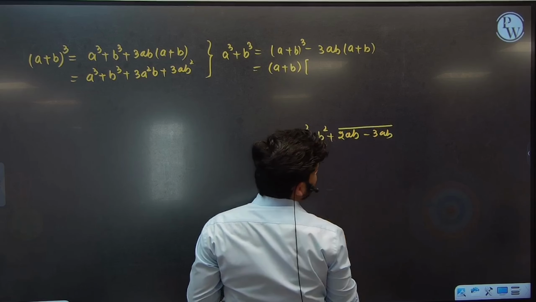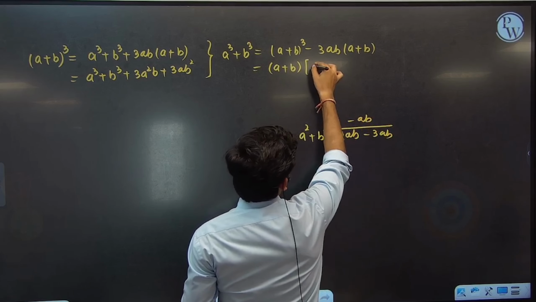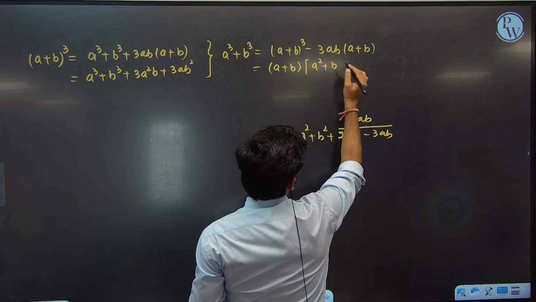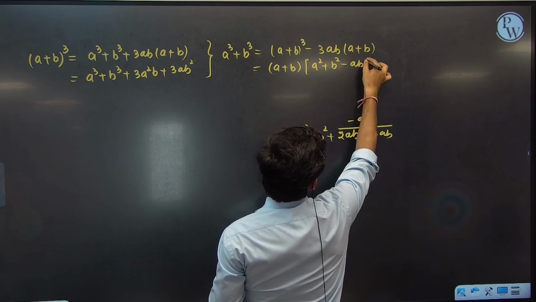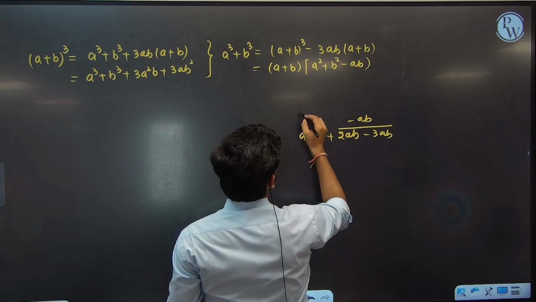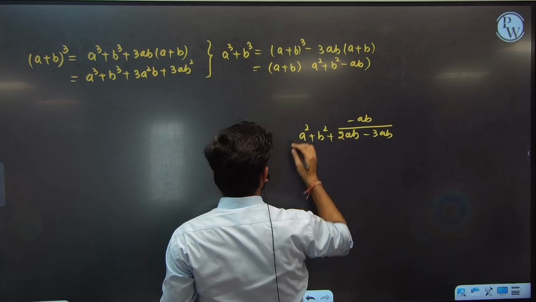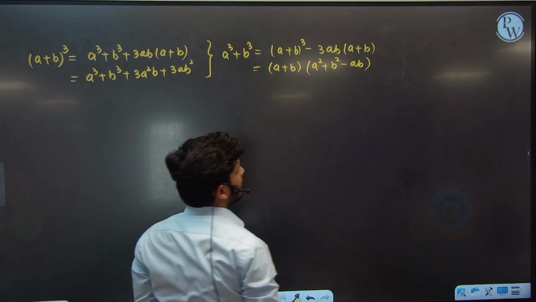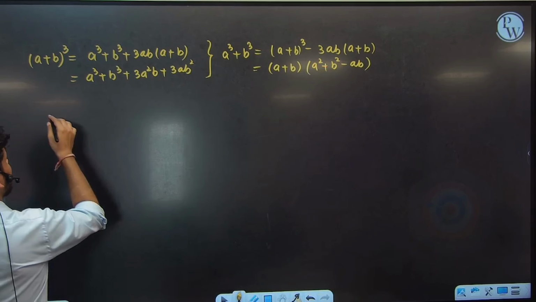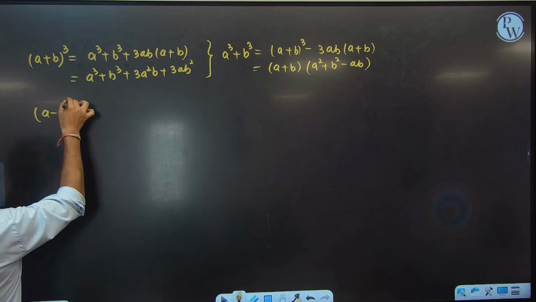So combine this part, minus ab. So you get in another bracket a square plus b square minus ab. Done?